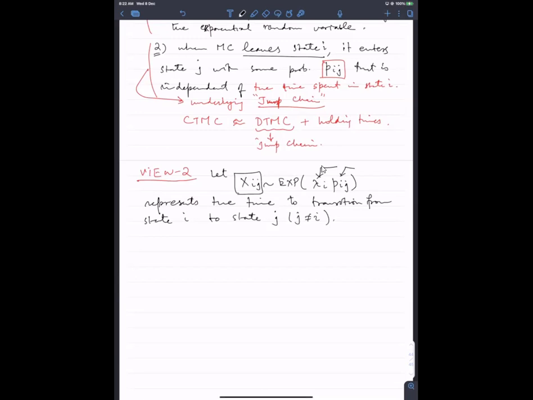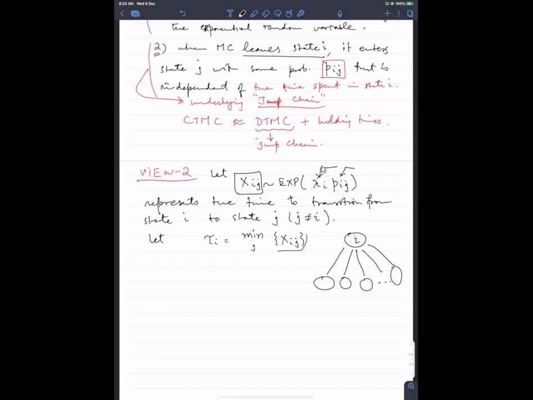Okay. So also let tau I be the minimum of all of those times, the minimum over j of Xij, for every value of j. You are sitting at node I, and then you have many different states, 1, 2, 3, and so on.